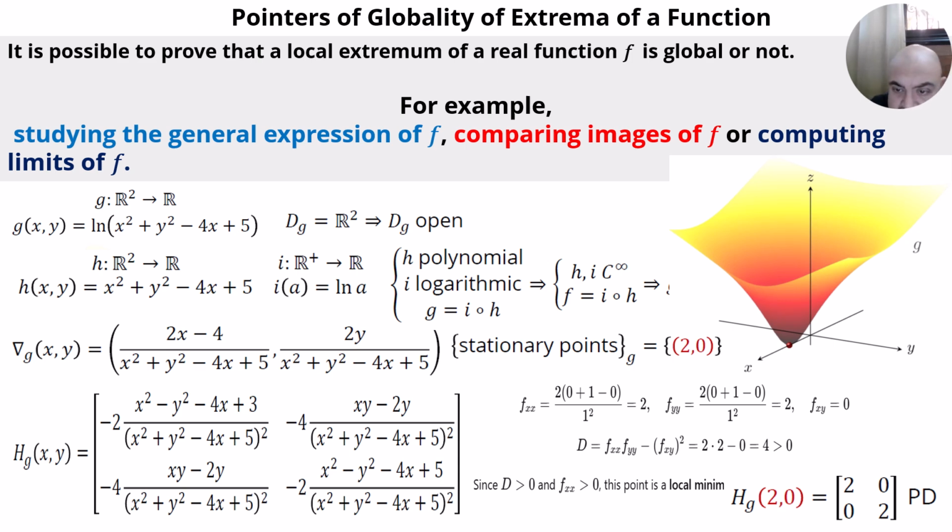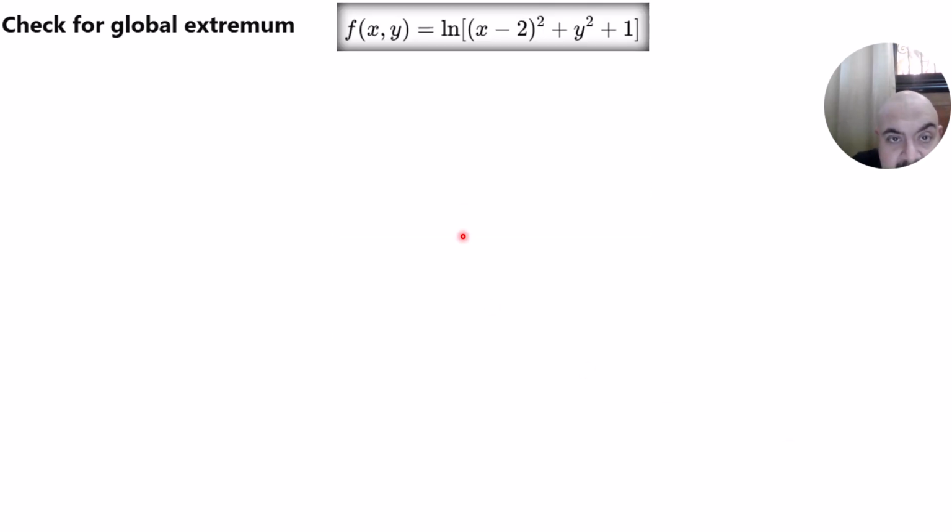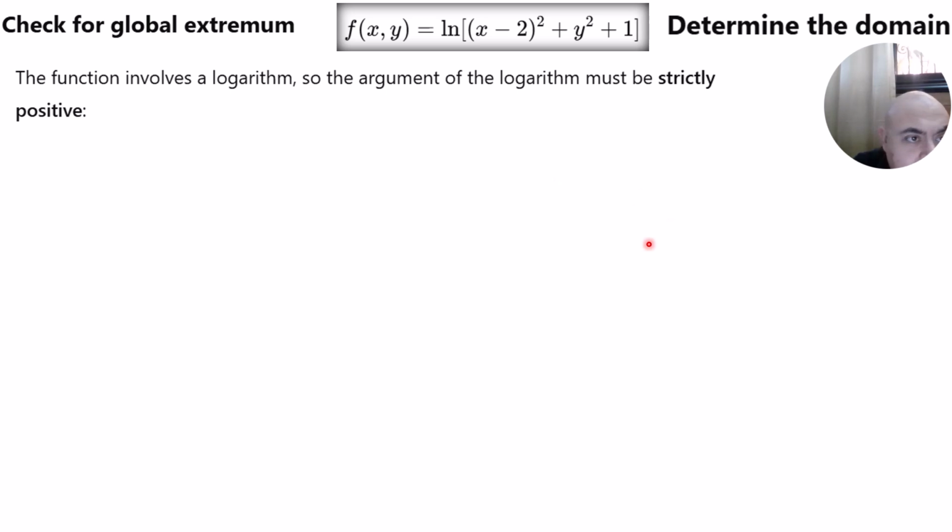Okay, that's the positive definite, and that's the case we are talking about. Check for global extremum. That's the function. Determine the domain. The function involves a logarithm, so the argument of the logarithm must be strictly positive. So let's take a deeper look at the argument of this domain, which is x square plus y square minus 4x plus 5 is greater than 0.